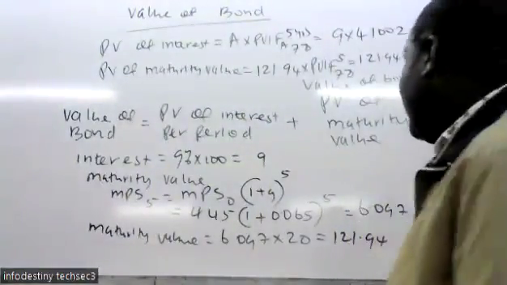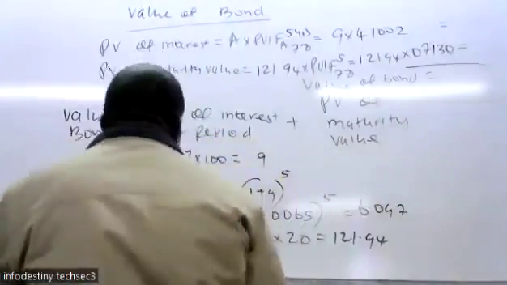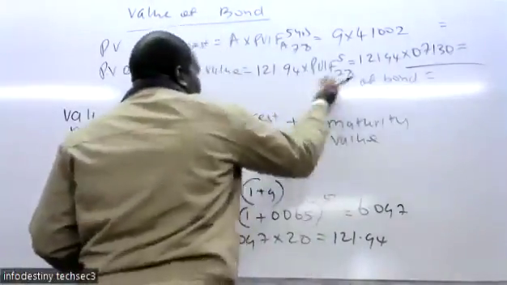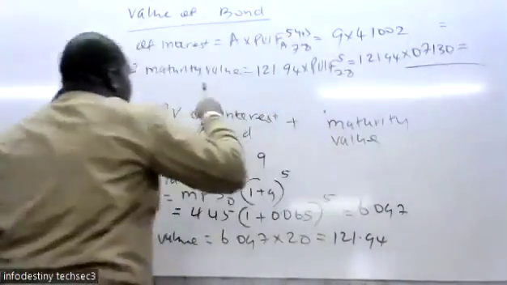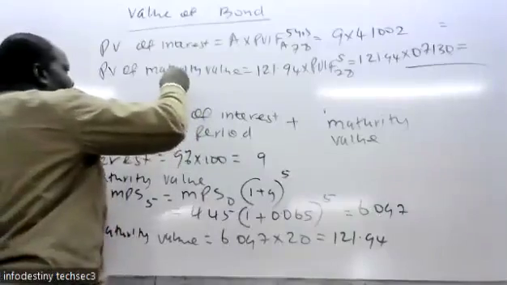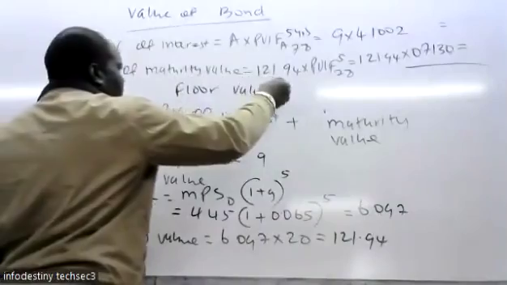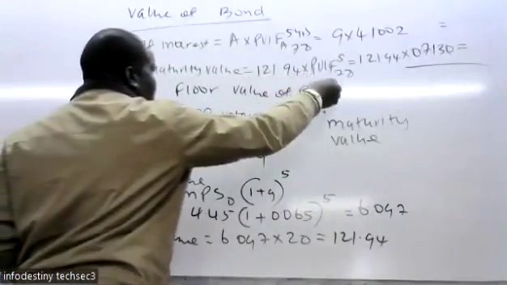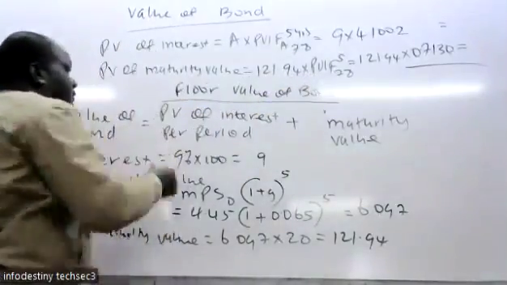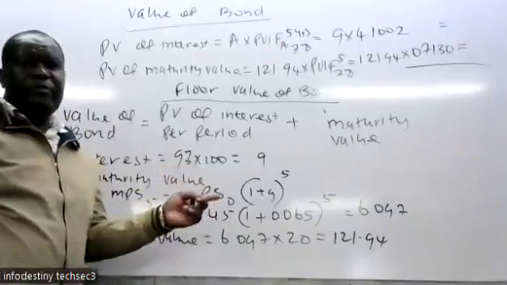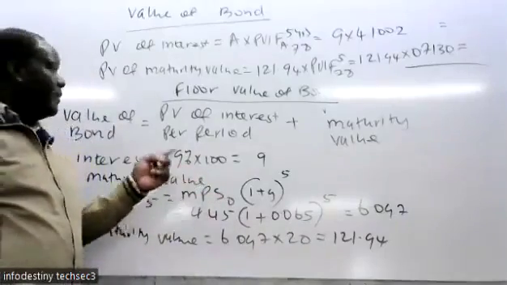So you now want to calculate the floor value of the bond. To get the value of the bond, we repeat the same process.